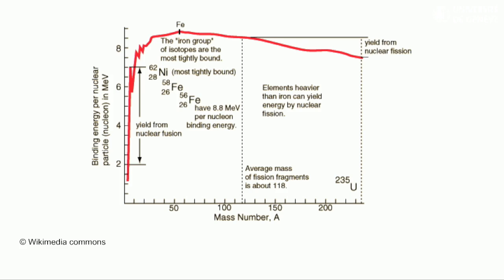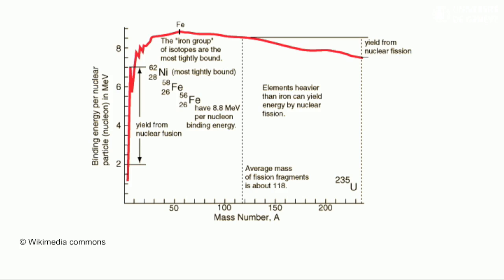For A about 60, it has a broad maximum, that is the iron group, formed by nickel, iron, and cobalt, with about 9 megaelectron-volt per nucleon of binding energy. And then for A larger than 60, the binding energy per nucleon decreases slowly. The general mean is about 8 megaelectron-volt per nucleon.